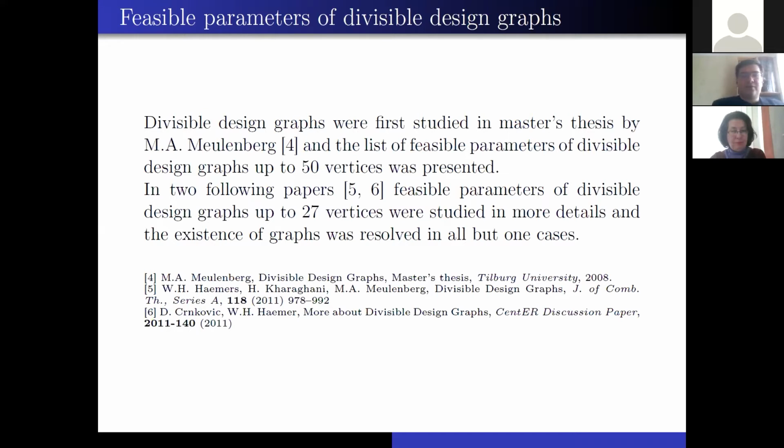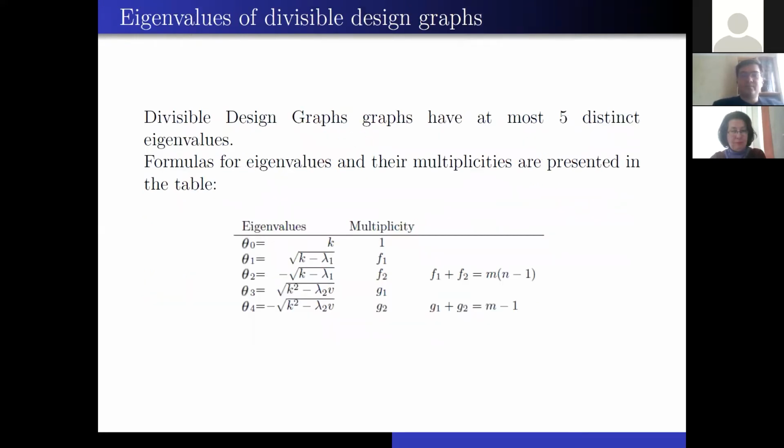We'll talk about that a bit later. And divisible design graphs have at most 5 distinct eigenvalues, and you can see the formulas for their multiplicities and the formula for the eigenvalues themselves on the slide, in this table.